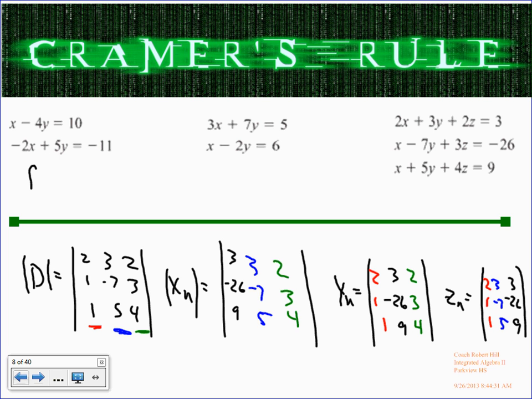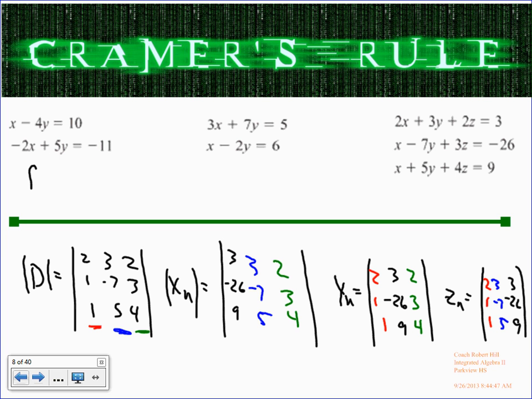Now, if I was worried about finding the answer, what would I have to do to these four matrices? Find the determinant for them. So I would have to find the determinant for these four problems.